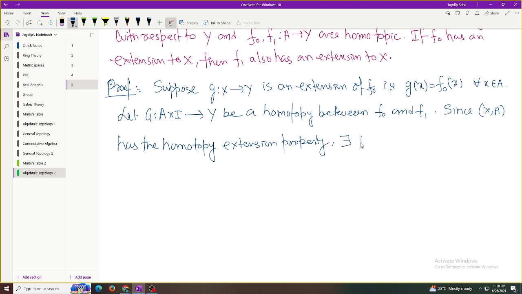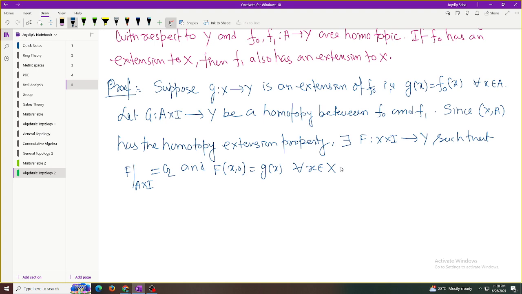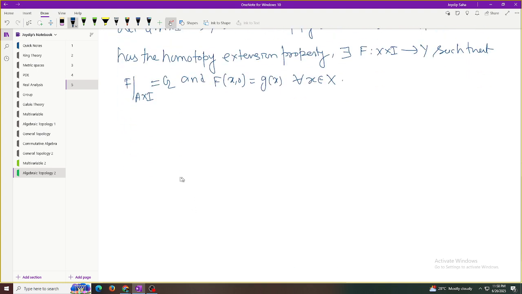there exists f: X cross I to Y such that f restricted to A cross I equals F and f(x, 0) equals g(x) for all x in X. If a belongs to A, then f(a, 1) equals F(a, 1), which equals f1(a).